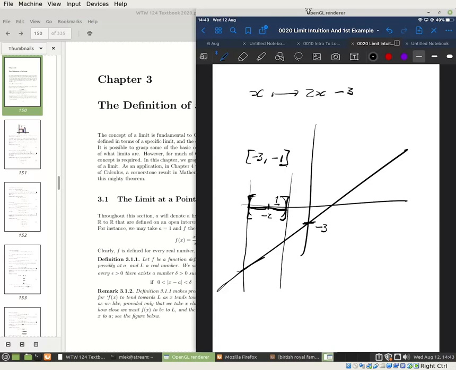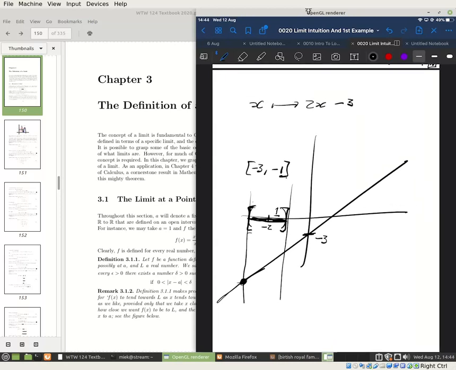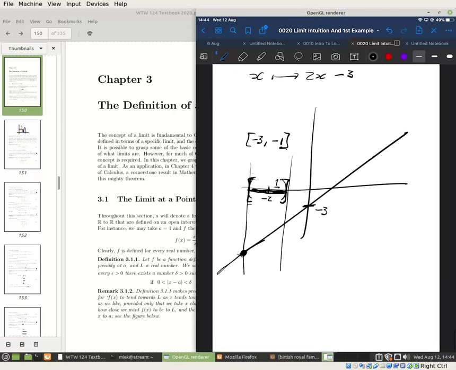On this interval, from the graph, you can immediately see that the absolute value of the function takes on a maximum here at minus 3. And what is that? If you plug in minus 3, 2 times minus 3 is minus 6, minus 3 is minus 9. The absolute value of minus 9 is 9.